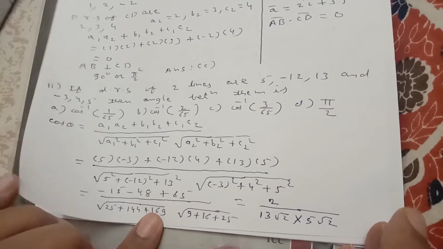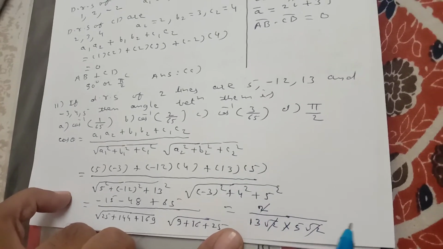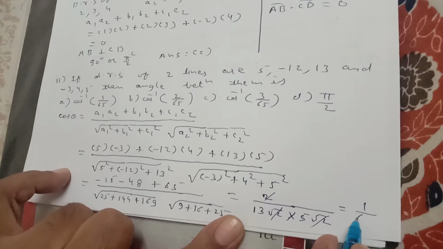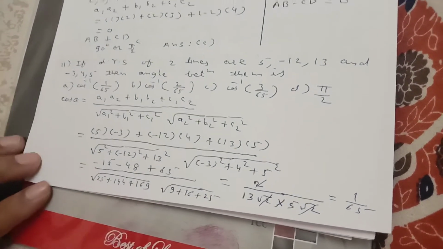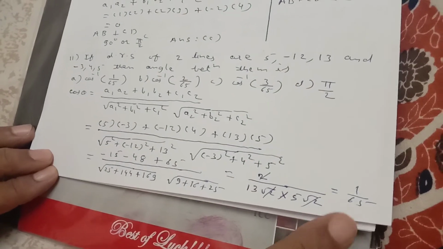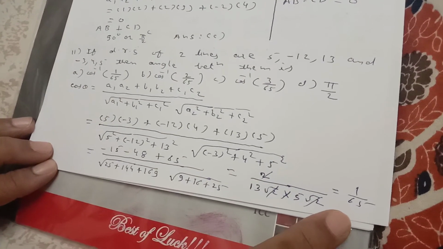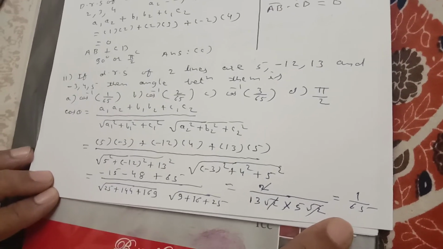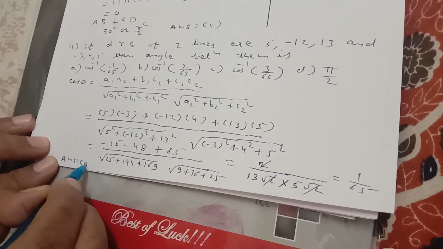Root 2 into root 2, 2. That gets cancelled. 13 5s are 65. 1 by 65. This is the value of cos theta, and this is not a standard value. So we have to write the answer in terms of cos inverse. So theta is cos inverse 1 by 65. Answer is option A.